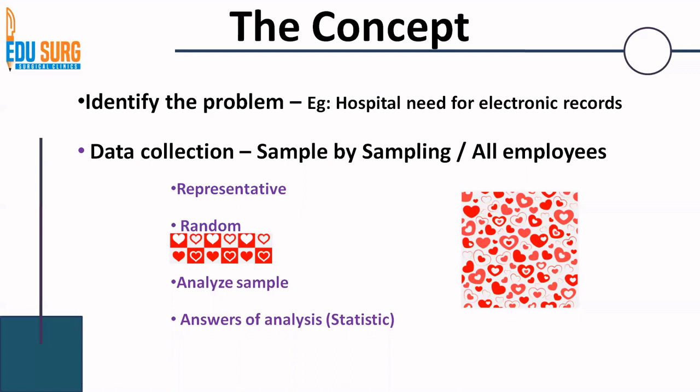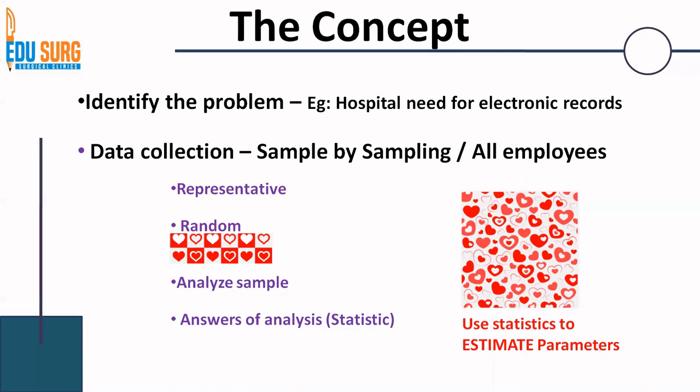Now, answers of analysis of a sample are known as statistics. So the mean of the sample, the median of the sample, these are all statistics. Then, based on these statistic values, suppose the mean is 20, we use this statistic 20 to estimate the population mean.